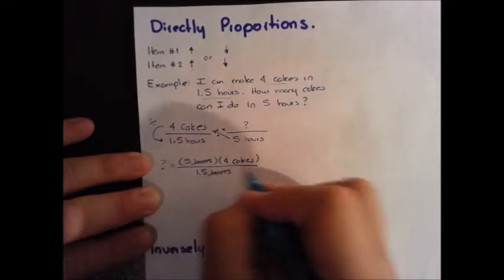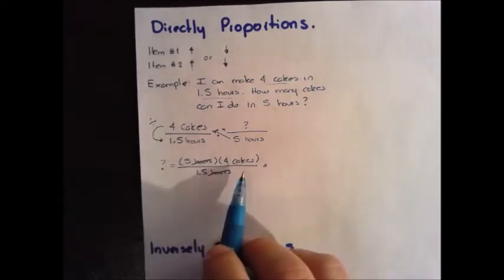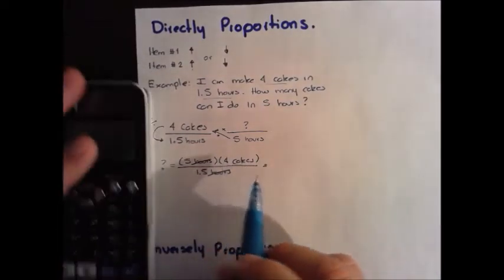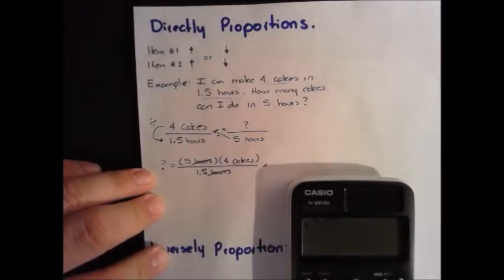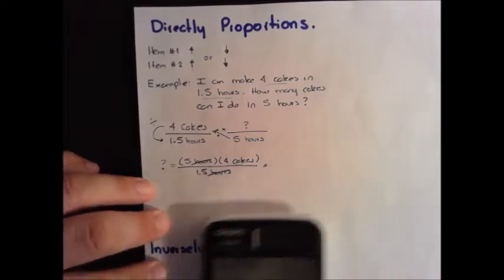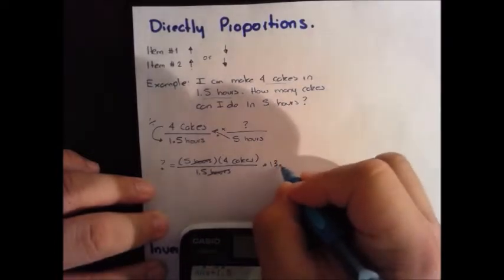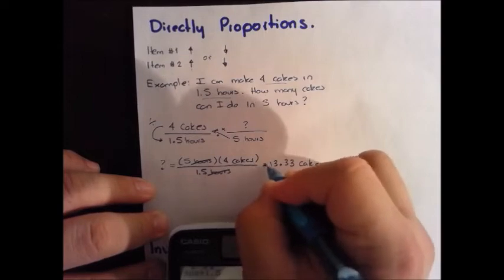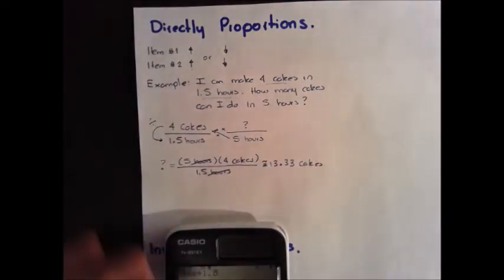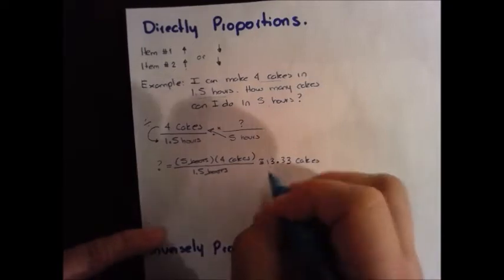Okay, hours is going to be cancelled. The only item that I'm going to have is cakes. Let's use our calculator and make 5 times 4 divided by 1.5. Here I'm going to have 40/3. This is approximately 13.33 cakes. This is not equal, this is approximately equal. Okay, this is the answer.